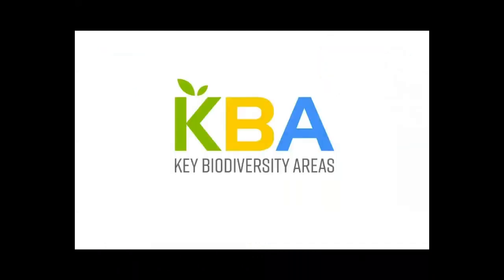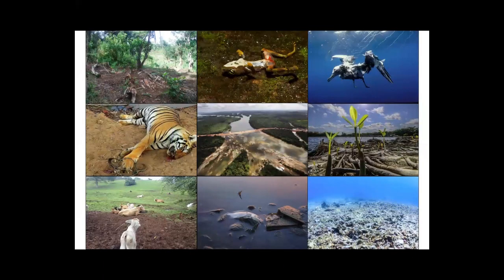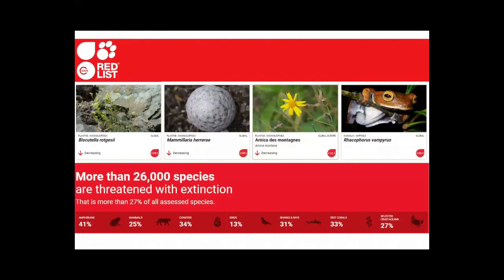So starting first with the high-level background on key biodiversity areas. As I'm sure you're all very well aware, biodiversity loss is occurring at an alarming rate in terrestrial, freshwater and marine systems. An effective action to address this biodiversity loss depends in part on knowing which species are most at risk.